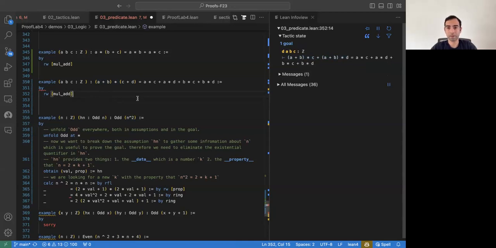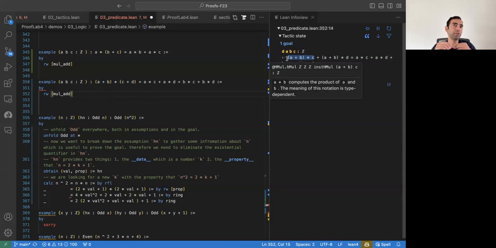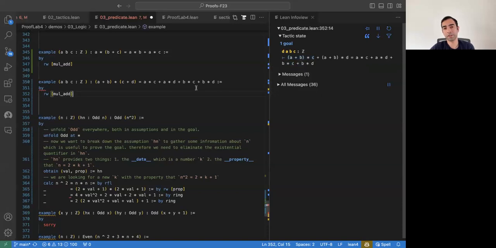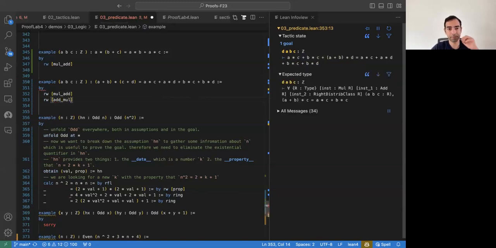Good. So now maybe I want to simplify (a plus b) times c. That step can be simplified because now I'm distributing not multiplication over addition, but addition over multiplication, the other way around. It's like first addition and then multiplication. So I'm guessing maybe here rewrite add_mul would help.